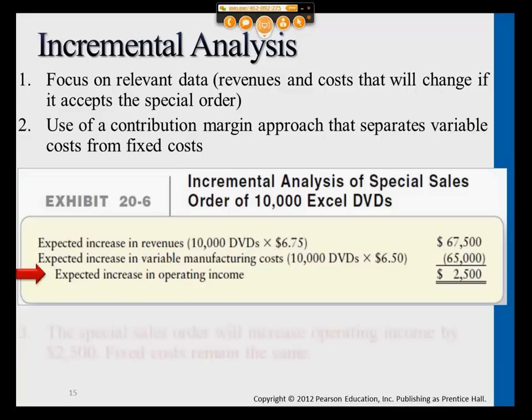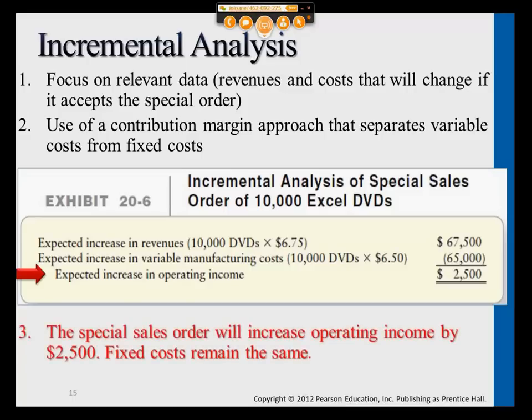Do I have anything else? Yes. So fixed costs are the same, but operating income went up by 2,500. So will the expenses change? What do you think? Fixed manufacturing expenses.